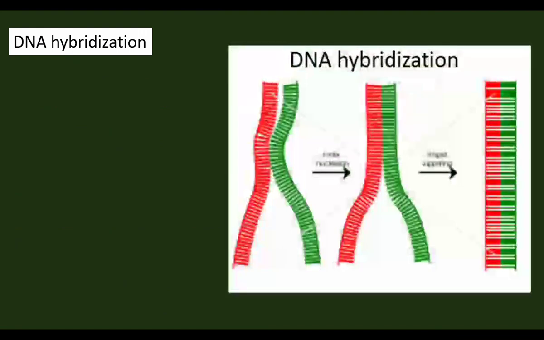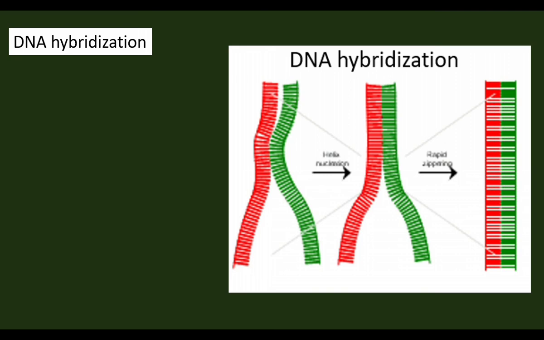DNA hybridization is a molecular technique in which two single-stranded DNA of different sources are allowed to combine and form a double helix. When the two DNAs show more similarities, they will combine well and form a double helix.